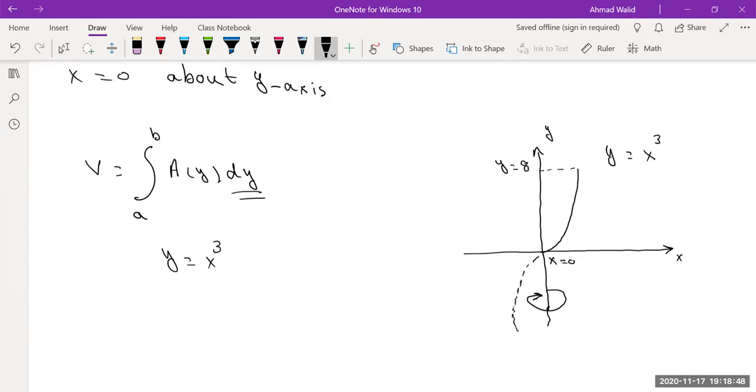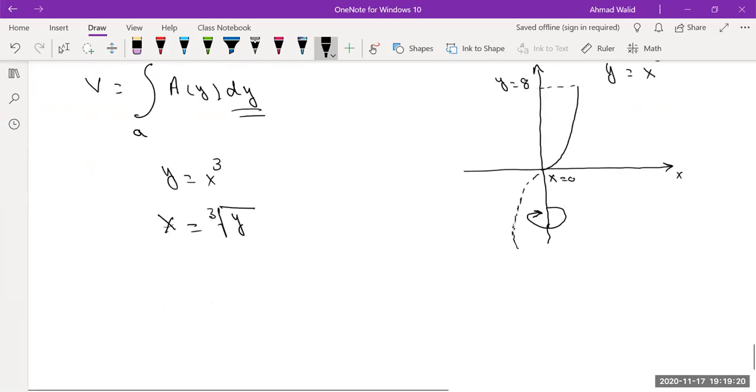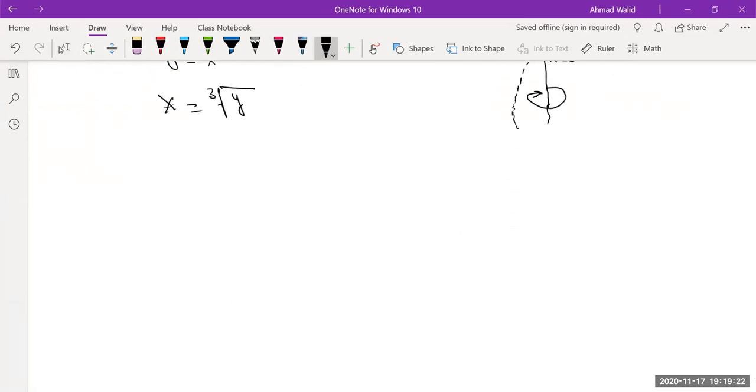How to take the integral dy? The easy way is, remember this note, every time the function is given and you rotate your function about the y-axis, immediately solve your equation for x, correct? If I solve this equation for x, I can write x equals the cube root of y, right? Now I'm in good shape. If I graph it again for you, I rotate it and show everything.